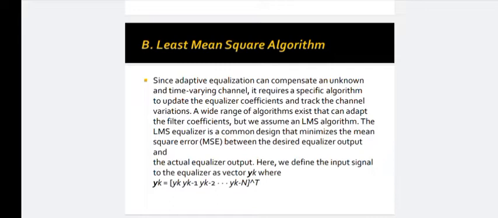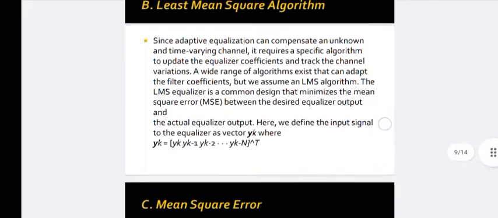The LMS requires minimizing the mean square error, that is MSE, between the desired equalizer output and the actual equalizer output. Here we define the input signal to the equalizer as vector yk, with the following equation series.